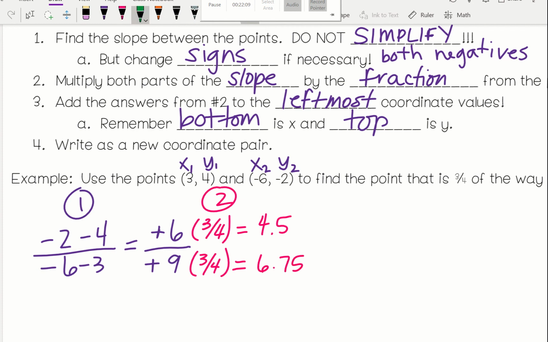Okay, step 3. Add the answers to the leftmost. Now, this time you actually have to think about which one's further left, 3, 4, or negative 6, negative 2. Negative 6, negative 2, if I graphed both of those points, would be further to the left. Do you agree?